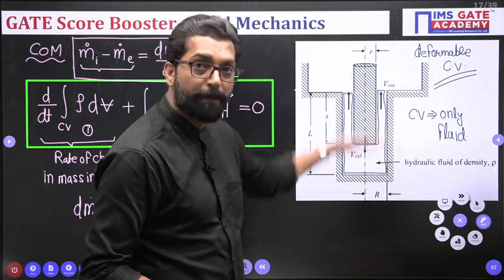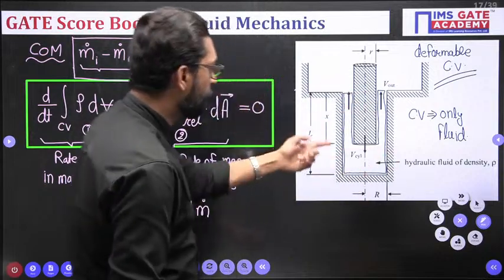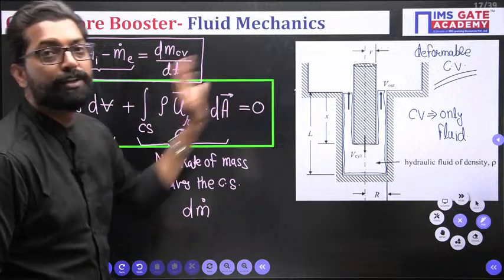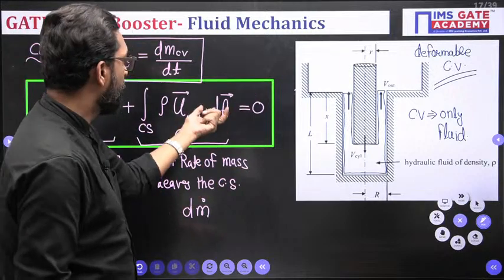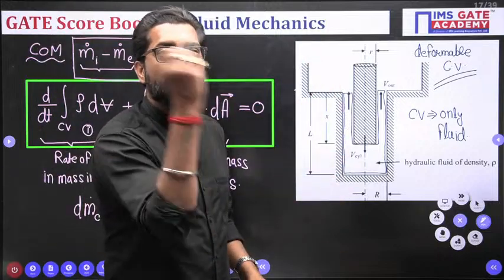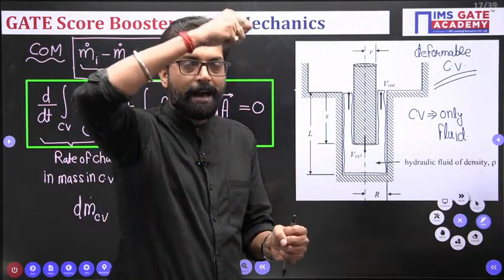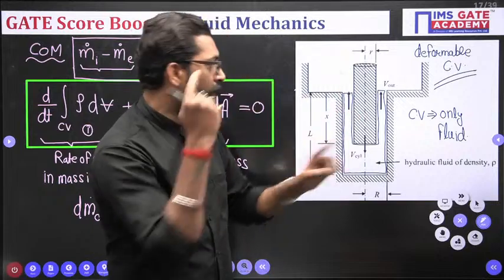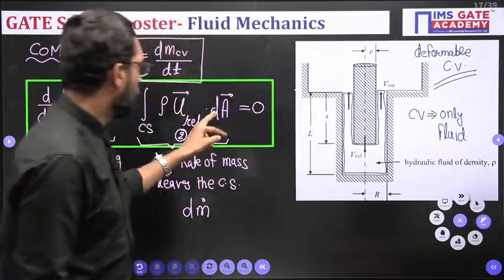It will just compress it. It is not crossing, so the relative velocity is only V out. And the area, what is the area? Area of this V out, it is the fluid out area. It is an annular space, so you have to write annular space.